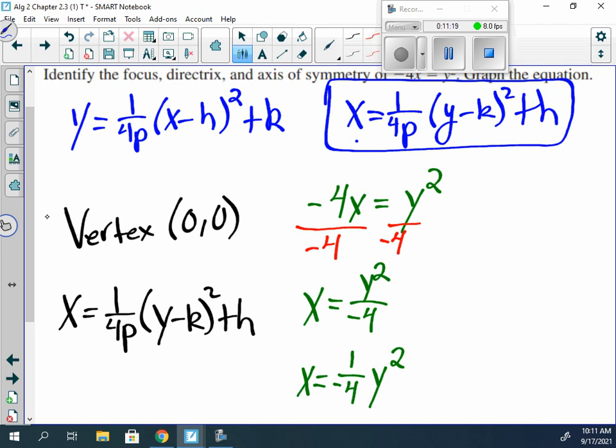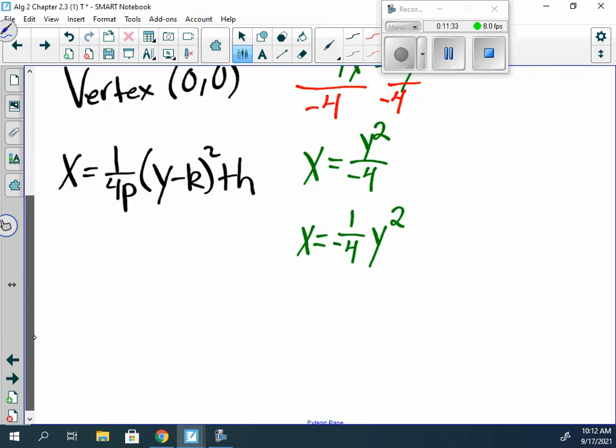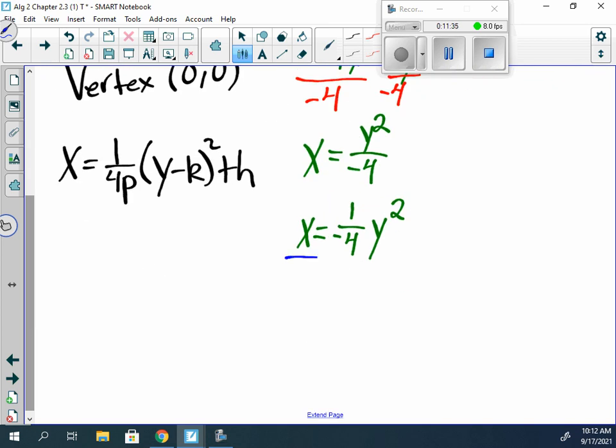And we did get it into a form we like. The reason I know it's in a form we like is that in both of the standard equations, the term that's not squared, y and x, are by themselves. So when I look at this here, is x by itself? Yes.